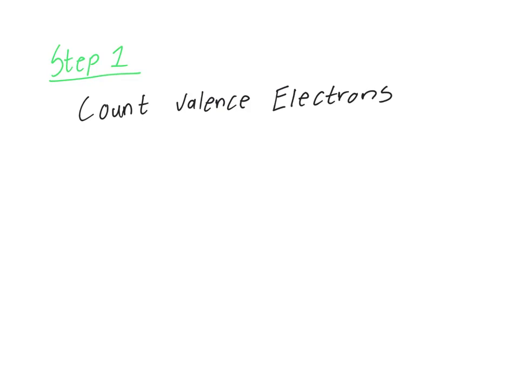Our first step is to count the valence electrons in this compound. For xenon, there are 8 valence electrons, and then you add the valence electrons in oxygen. You multiply, because there are 2 oxygens and 6 valence electrons in oxygen.